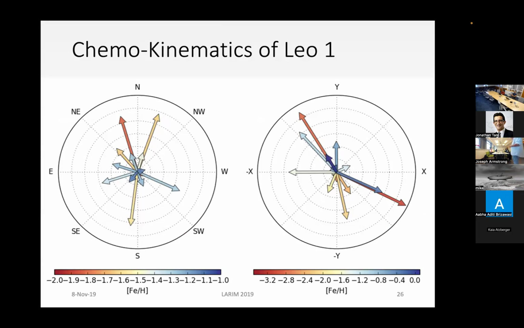So what does that tell us? This is not a sign of remnant rotation. If you have a destroyed little disk galaxy and there are still traces of the original rotation, you would expect those arrows to all point more or less, not exactly, in the same direction.